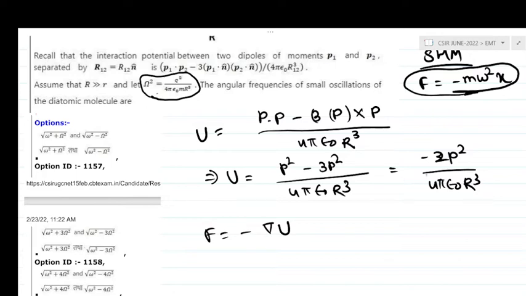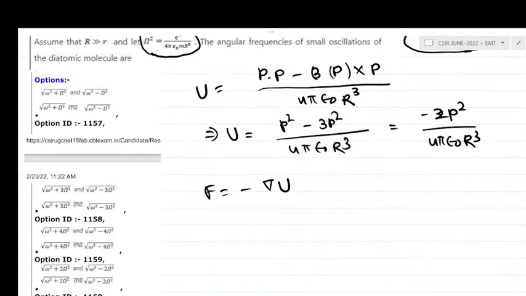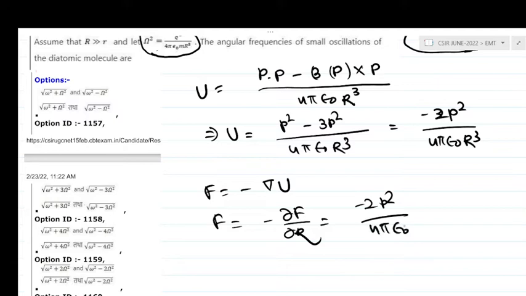And see here I am doing the derivative with respect to r. Minus del U by del r, if you do, then that will be minus 2P square divided by 4 pi epsilon naught, sorry, not R; R is constant, we can differentiate with this.